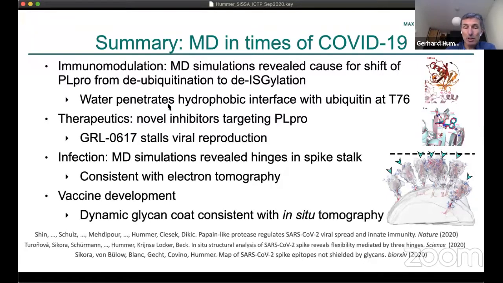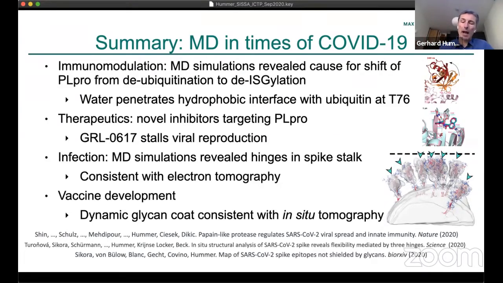And the interesting point, maybe from an MD and biophysics perspective, is that ultimately this shift and the greatly enhanced ability to mess up our immune response is that one, two, maybe three water molecules can more easily penetrate into the otherwise hydrophobic interface of the protease with ubiquitin, which does not affect the ISG15 interface.